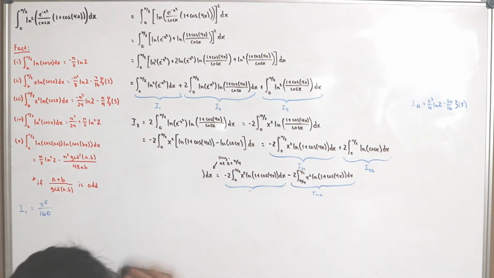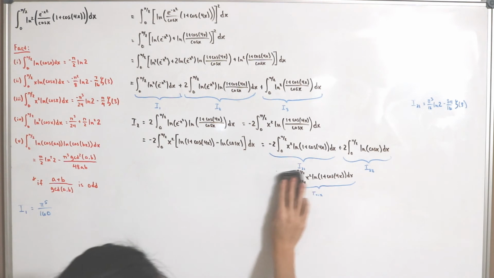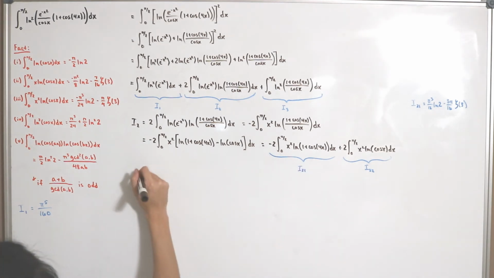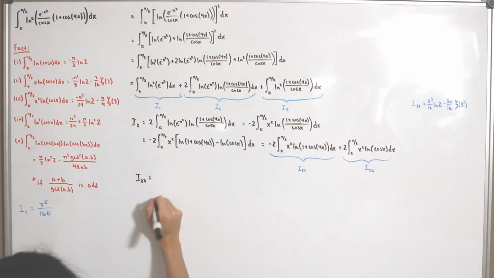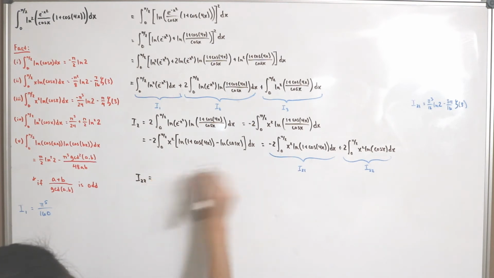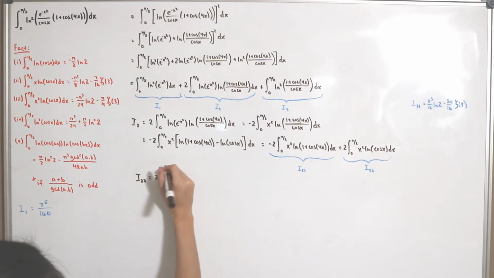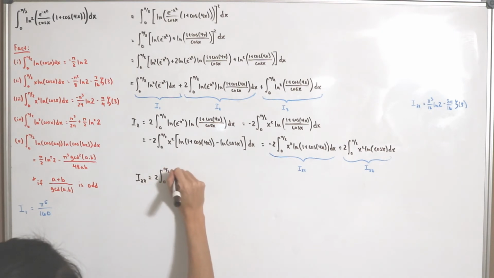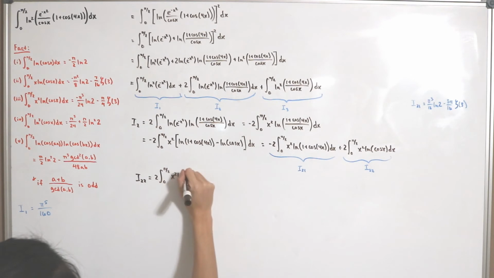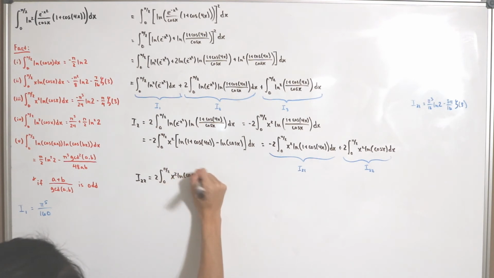Now we have our I sub 2,2 to calculate. So going back, we just have to calculate our I sub 2,2. This is just 2 multiplied by the integral from 0 to π/2 of x² natural log of cosine x dx.